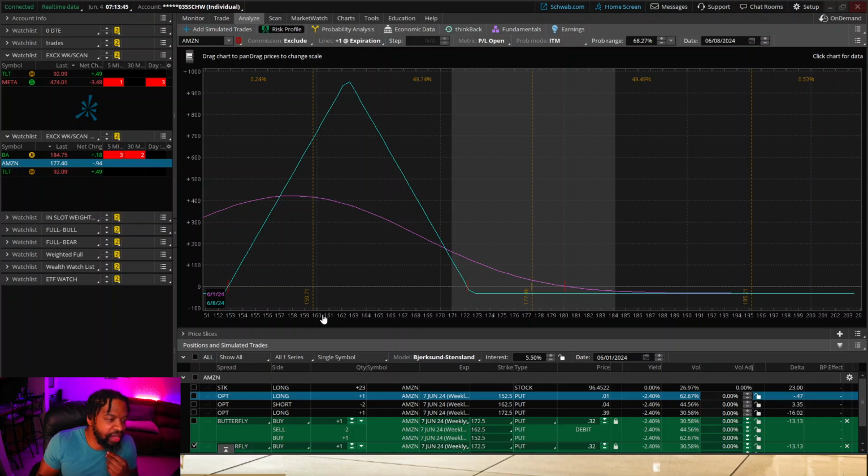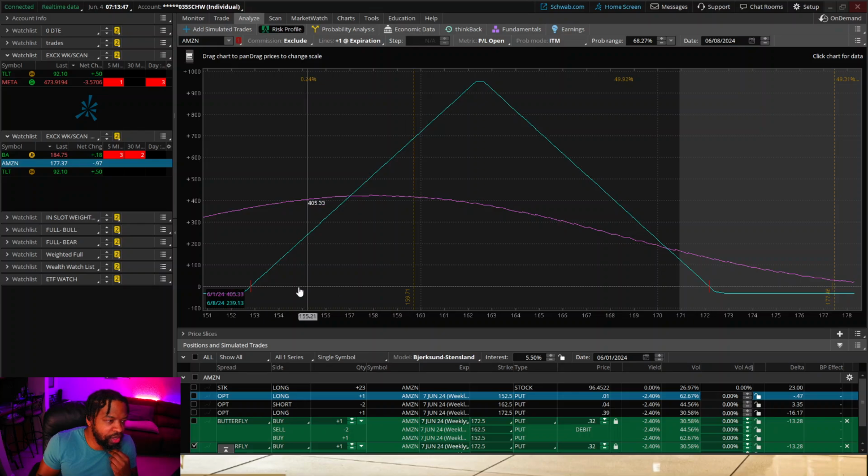You can see that the potential is pretty good. So negative 32, right? And the maximum is 964. So if it runs, it would have to basically be at 162 in 3 days.